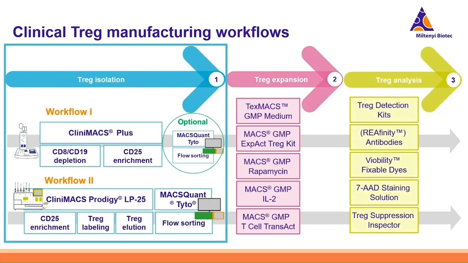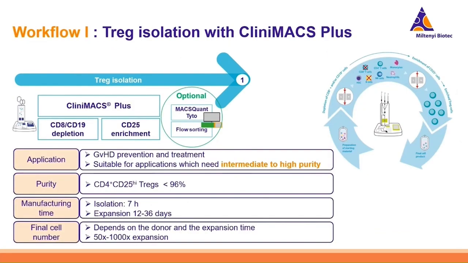So for workflow 1, the long-known CliniMACS Plus platform is used. It is taking over the depletion of CD8 and CD19 and the CD25 enrichment step. And then it's optional also to use the MACSQuantify Cell Sorter if a Treg subset is being looked for.